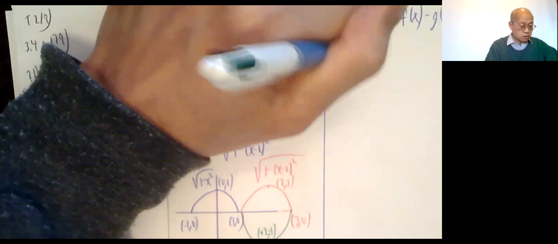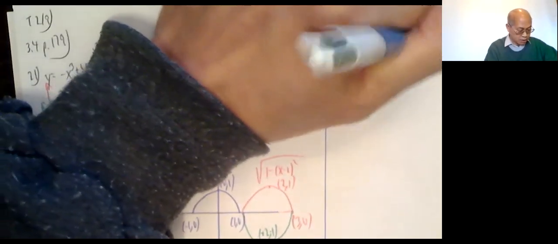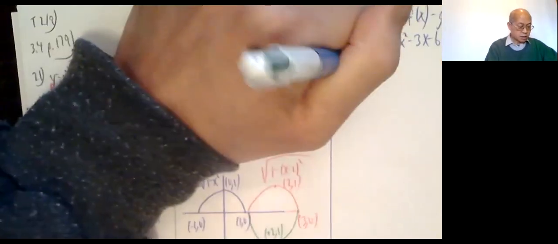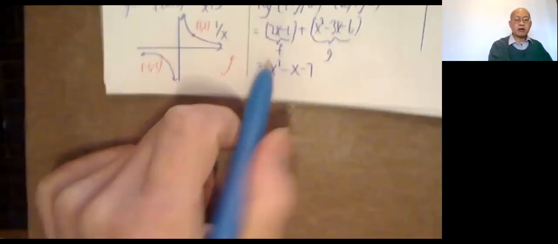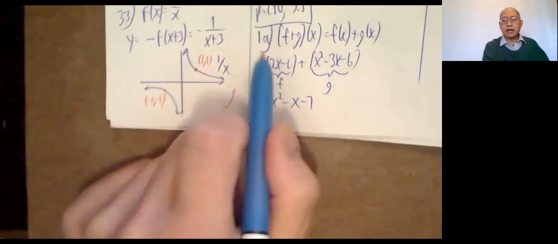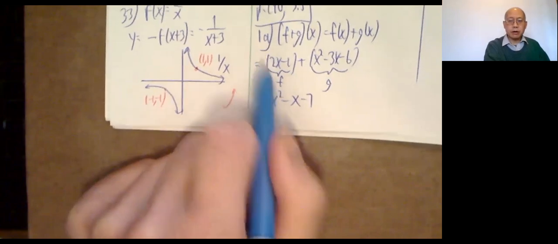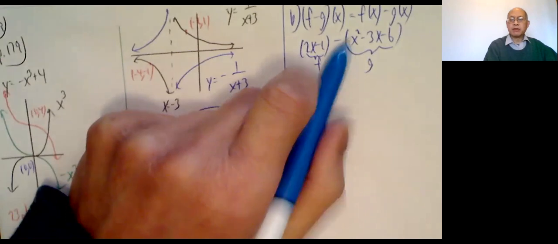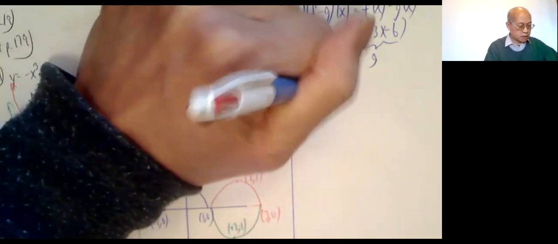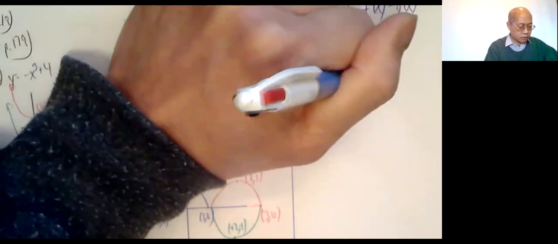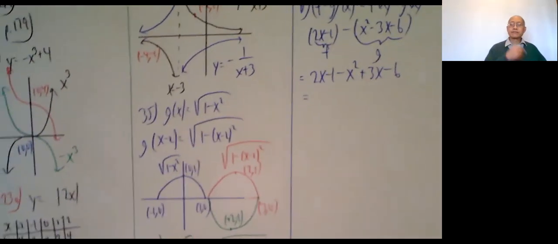So it's 2x minus 1 minus parentheses x squared minus 3x minus 6. Okay, so this is F, this is G, just like over here. In fact, think of it as doing the exact same thing, except change that plus to a minus, but keep the parentheses. So you should distribute first, right? So 2x minus 1 minus x squared plus 3x plus 6, like that.